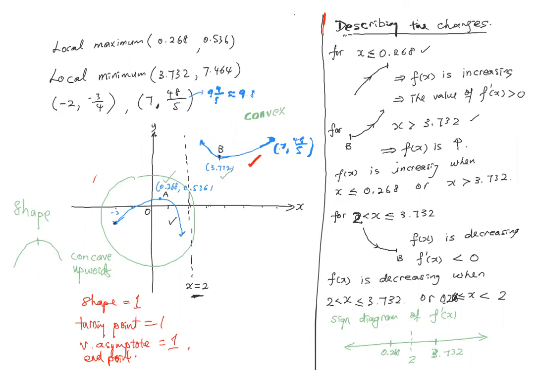Less than 0.268, you see it's increasing, means the f prime x is positive. So positive here, and here is negative, and here is negative. So you can draw a sign diagram of f prime x based on the fx graph.